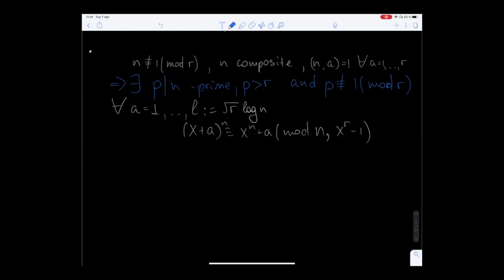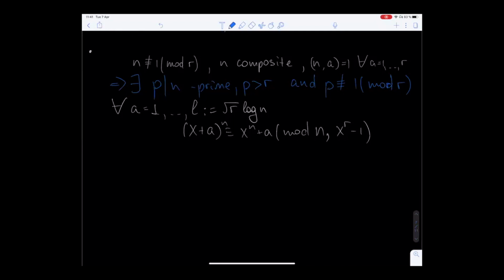Anyway, we have this p, and the other property that we agreed that n must satisfy is that for every a from 1 to l, which would stand for the square root of r times log n, (x plus a) to the n is congruent to x^n plus a modulo n and x^r minus 1.